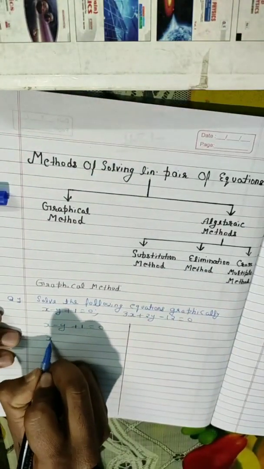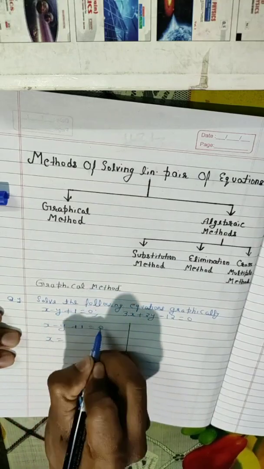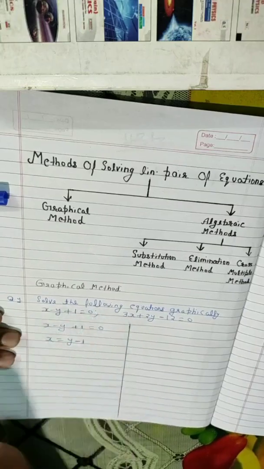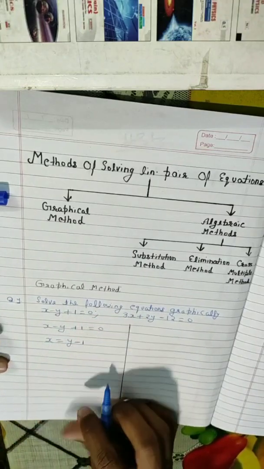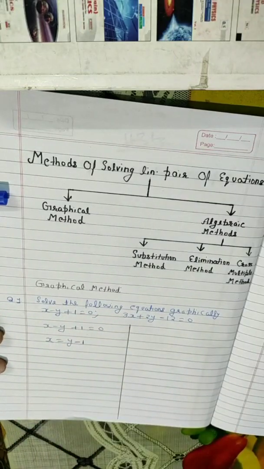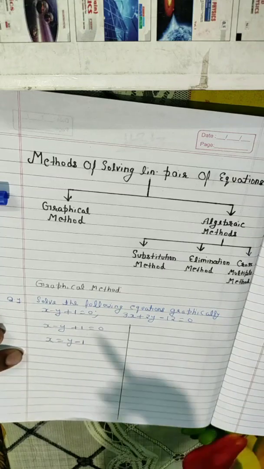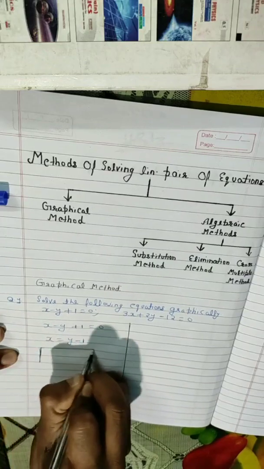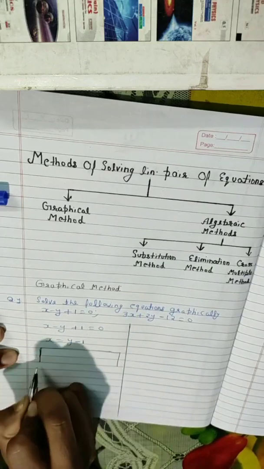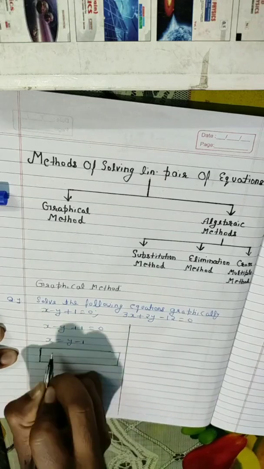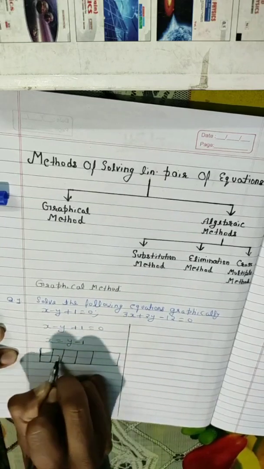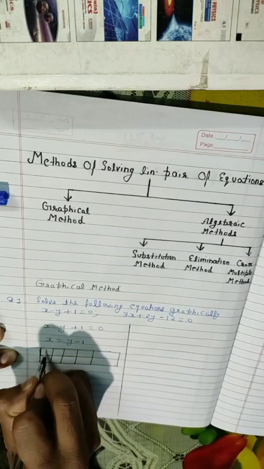Minus y will go to the other side and become plus y, and plus 1 will become minus 1. So x equals y minus 1. As I put values of y here, I will get the values of x. For each value of y there will be a unique value of x, as I told you in the last class. We can find as many solutions as we want.